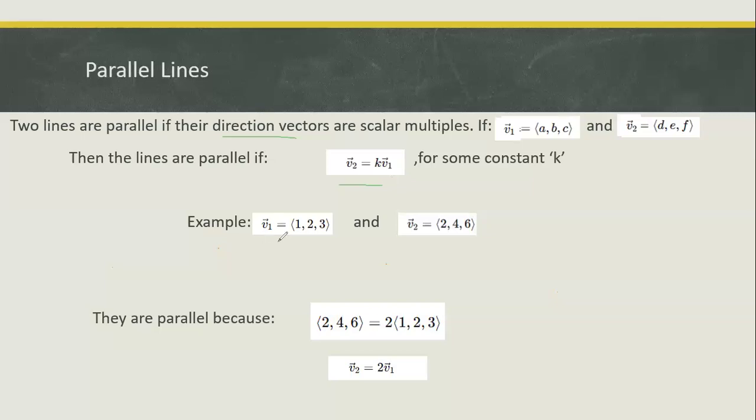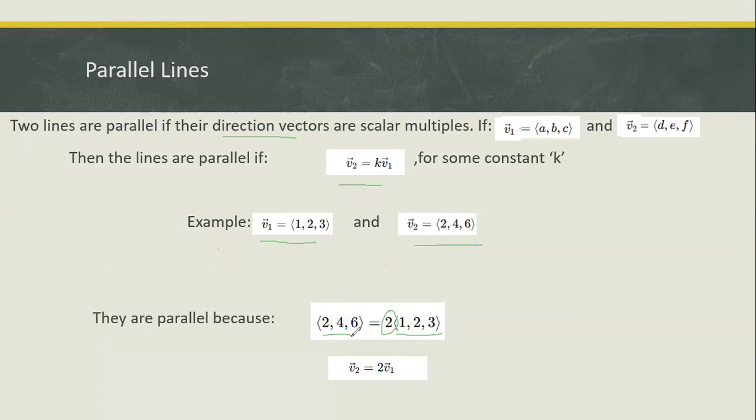For example, let's say we have the vector V1 equal to 1, 2, 3, and V2 equal to 2, 4, 6. We would say that they are parallel because there is a constant K, in this case 2, such that multiplying the values of V1 gives us 2, 4, and 6.